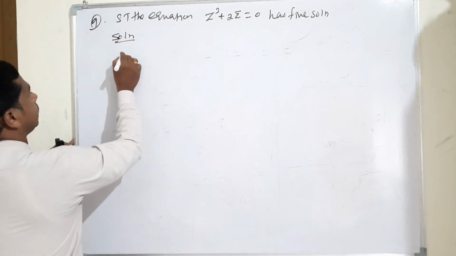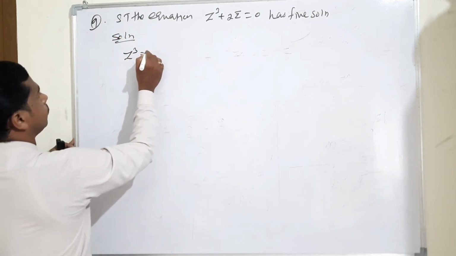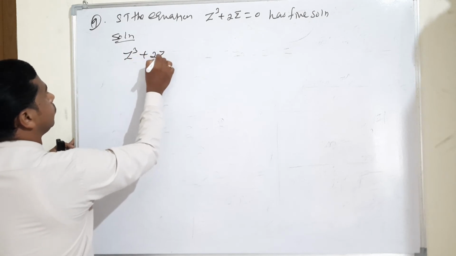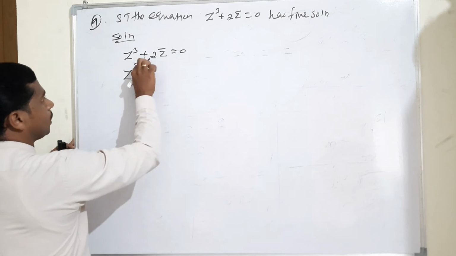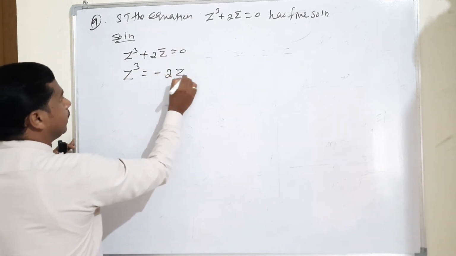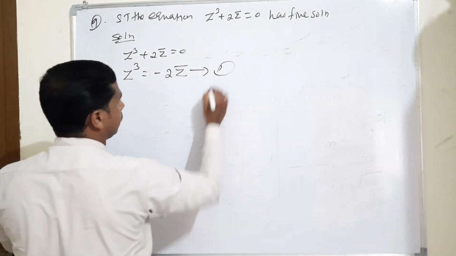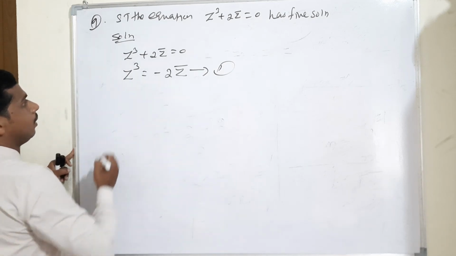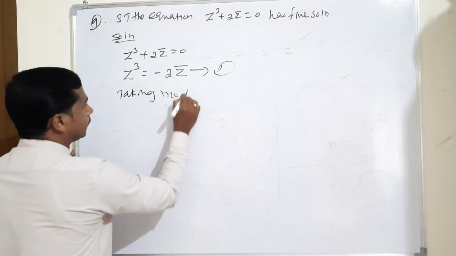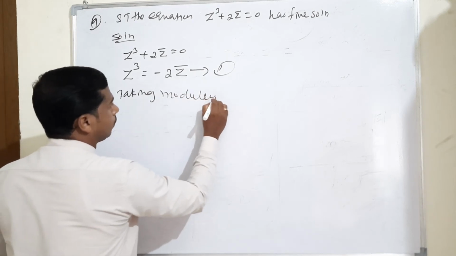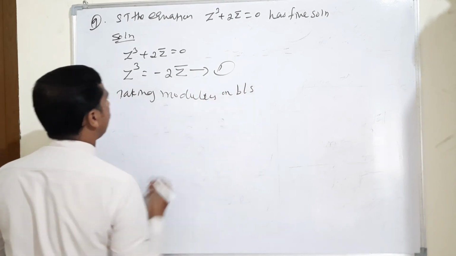What is the given condition? z cube plus 2z bar is equal to 0. Therefore z cube is equal to minus 2z bar, bringing it to the opposite side. This is considered as equation number 1. Taking modulus on both sides, what will happen?